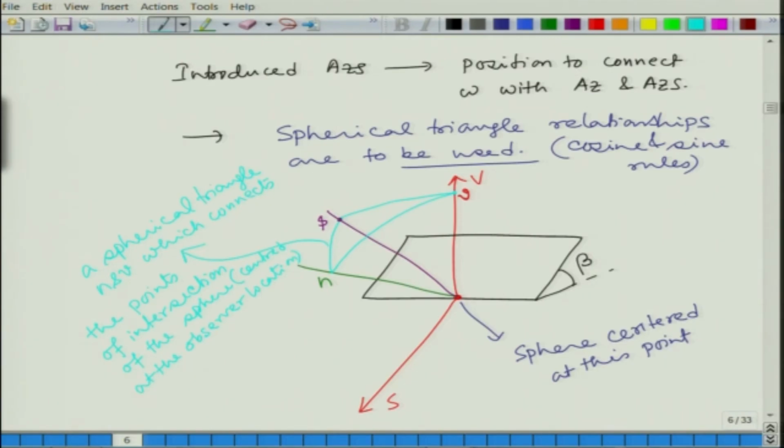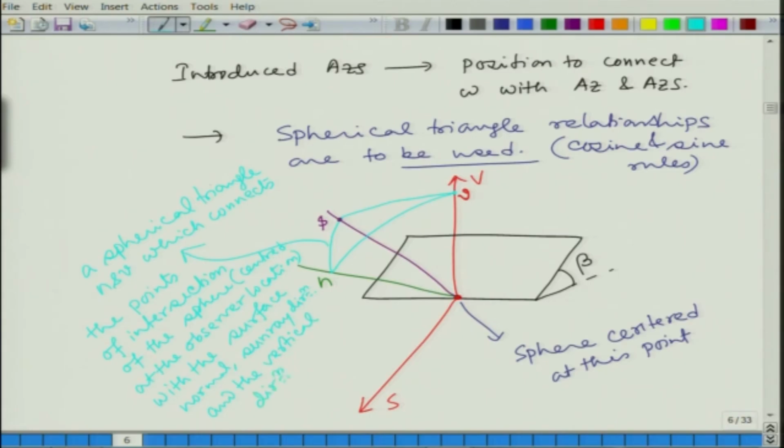So, the points of intersection with the sphere, in the same order: to the surface normal, and then the sun ray direction, and the vertical direction.